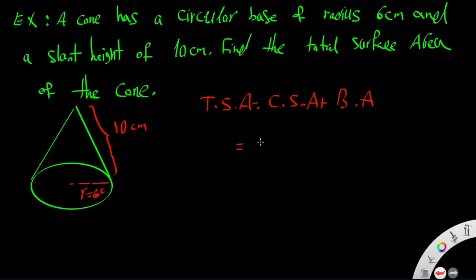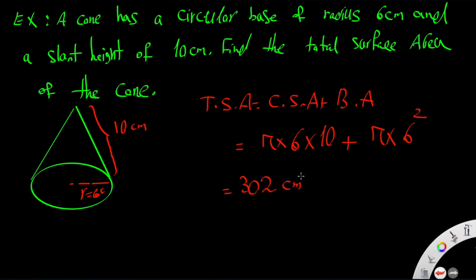So it's equal to curved surface area, we learned that is pi r, which is 6, times slant height, which is 10. Do not use height as a slant height. Plus base area, which is pi times 6 squared, which is equal to 302 centimeter squared.